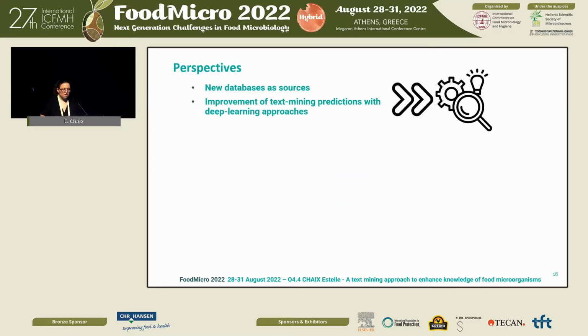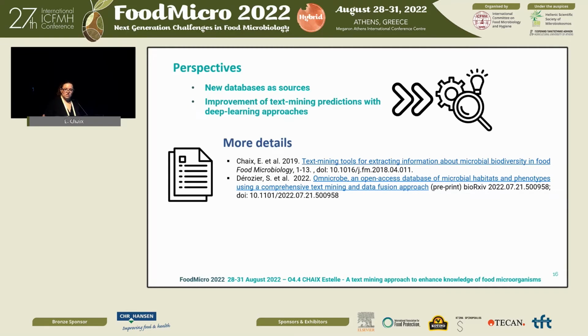To conclude, some perspectives of this work: we will add some new databases as sources, and we also work to improve the text mining approach and the prediction, because as mentioned at the beginning, the text mining needs to predict, to modelize, and obviously there are some errors, and so we improve the text mining to use the best tool for this subject.